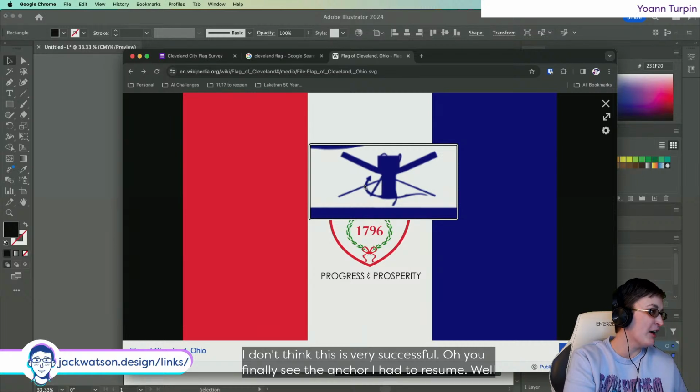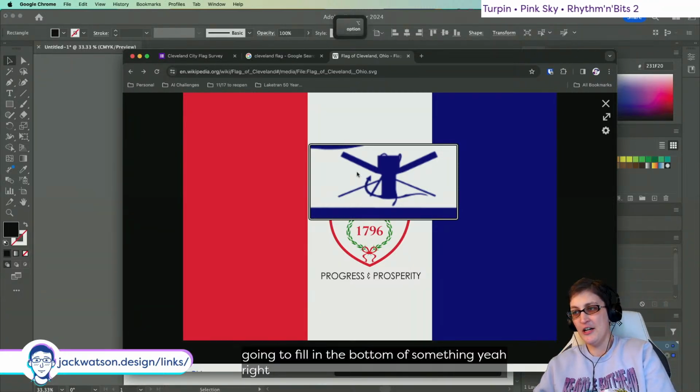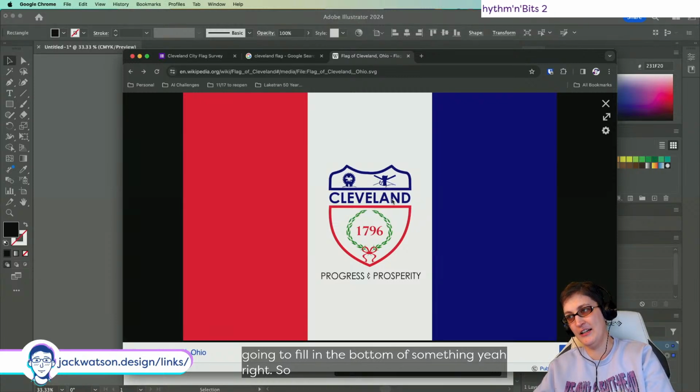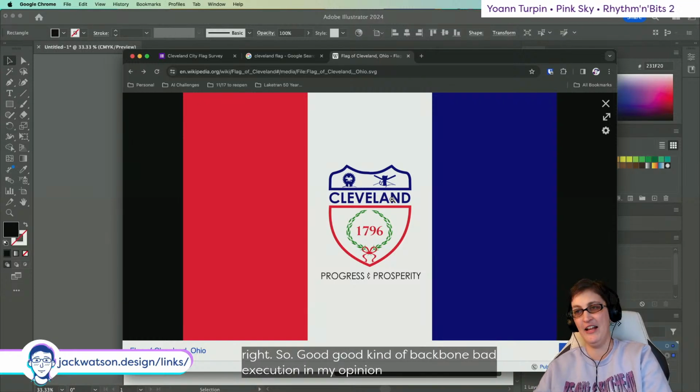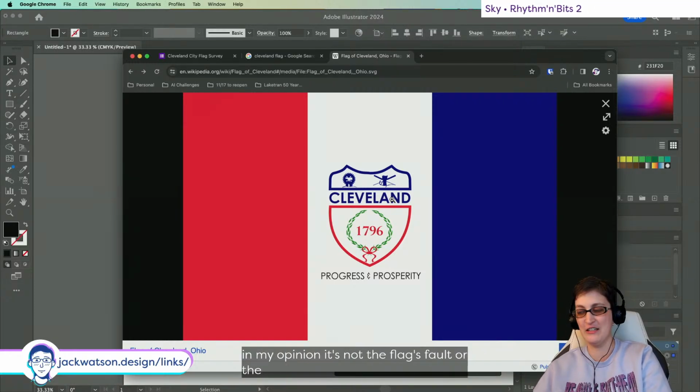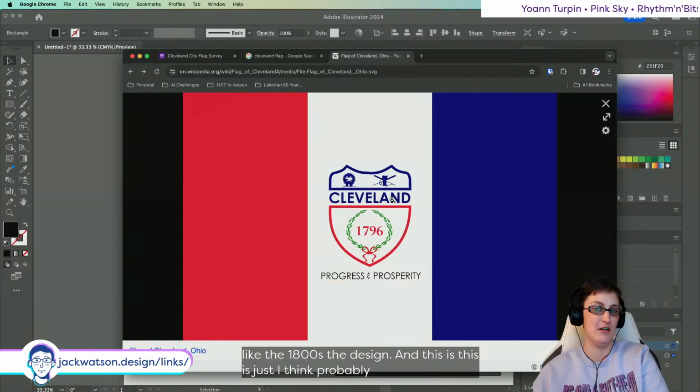Well, we put our concepts up top, now we're gonna fill in the bottom with something. Yeah, right? So, good kind of backbone, bad execution in my opinion. It's not the flag's fault or the designers'. This flag's design was made in like the 1800s, and I think it's probably a sign of the times.